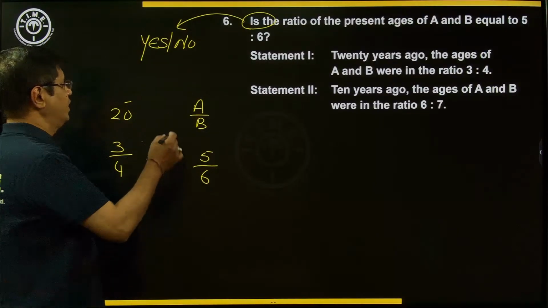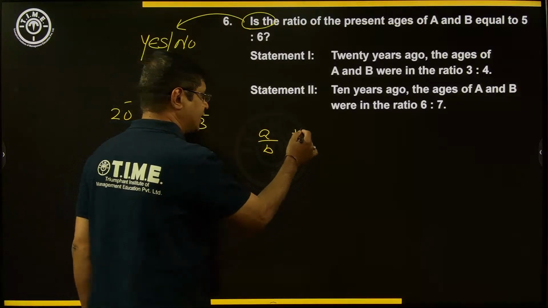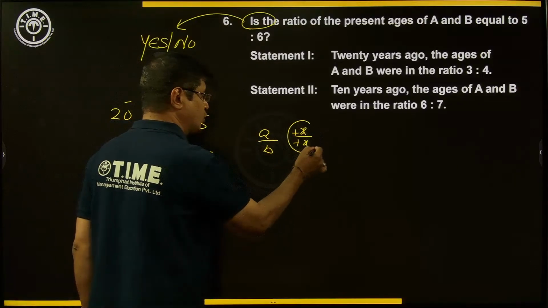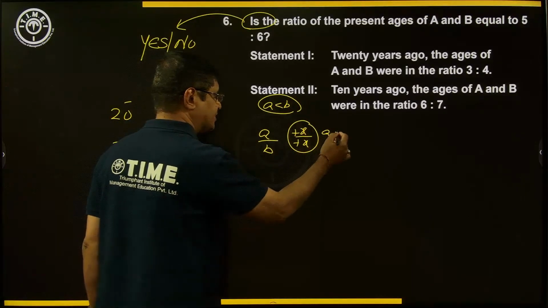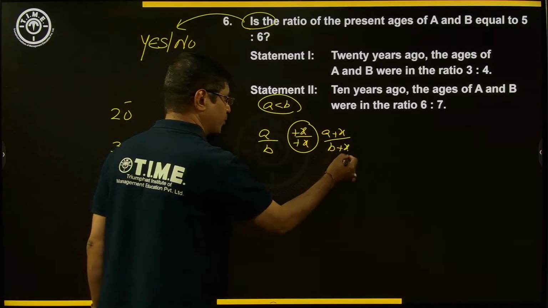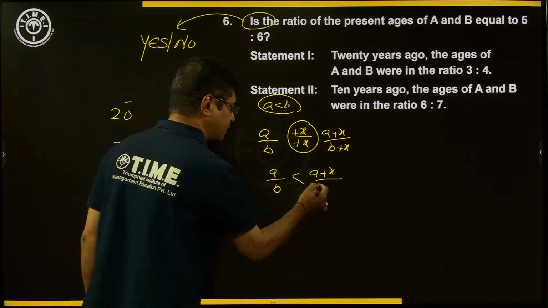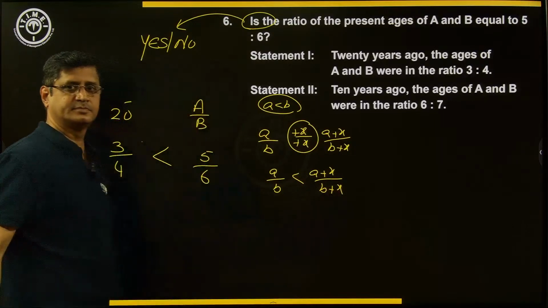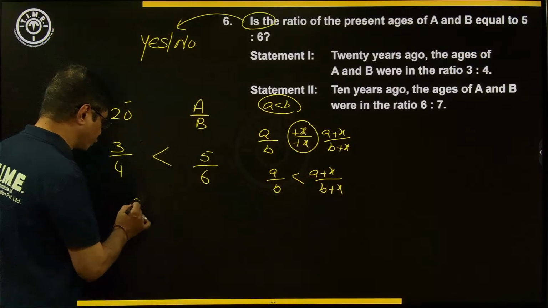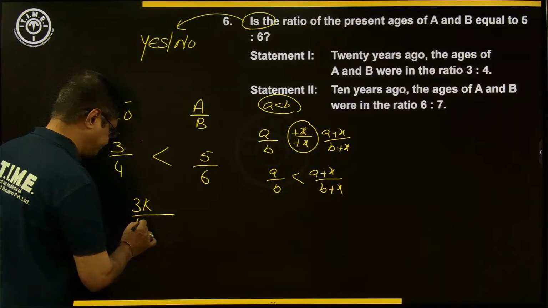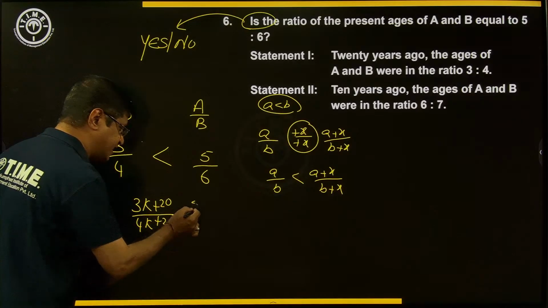Am I clear? When A by B is the fraction and you are adding a positive value x to both the terms, here A is less than B, then what is the condition? When you compare, A by B is less than A plus x by B plus x. Okay, here it will satisfy. For example, if you take 3:4 means 3k and 4k. After 20 years, now is it equal to 5 by 6?